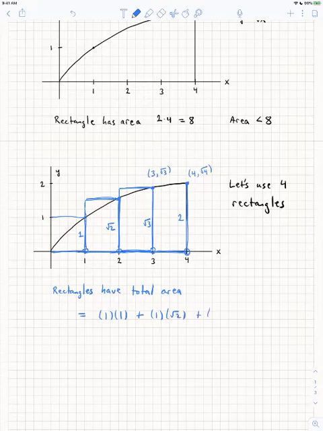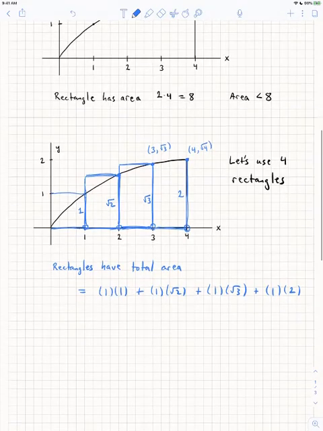And the next one has base 1 and height square root of 3, and the next one has base 1 and height square root of 4, which we can just say is 2. Now, if we add all these up, we're going to get approximately 6.146.